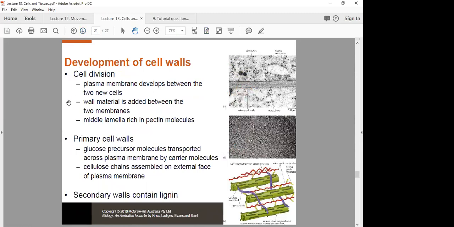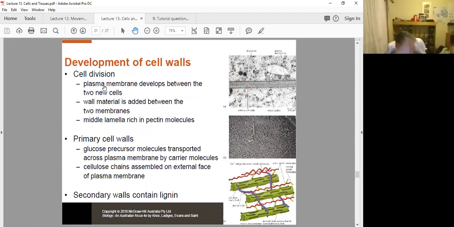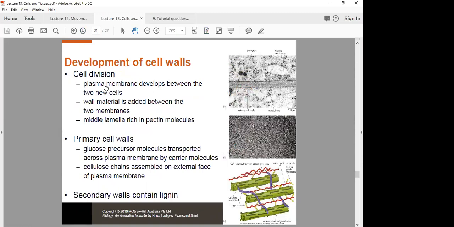So, very briefly, how cell walls develop. When one plant cell starts to divide to form two new cells, that is, it's undergoing cell division, new plasma membrane will develop between the two new cells, and then the cell wall material is added in between those two newly formed plasma membranes. Then in between the two new cell walls of the two new cells, a region called the middle lamella develops, and this is where you'll find lots of those molecules called pectin.